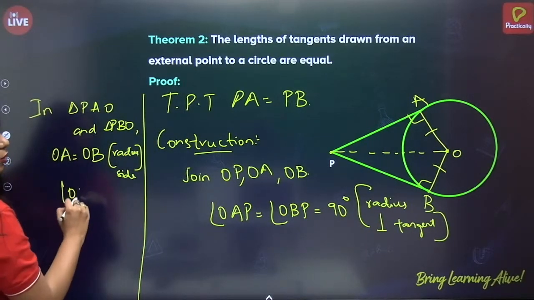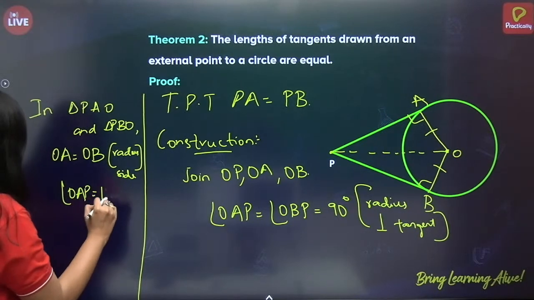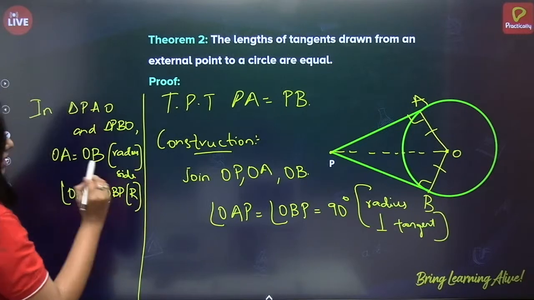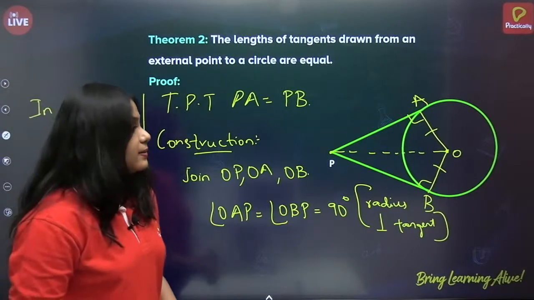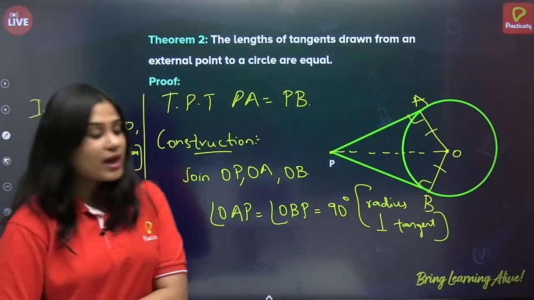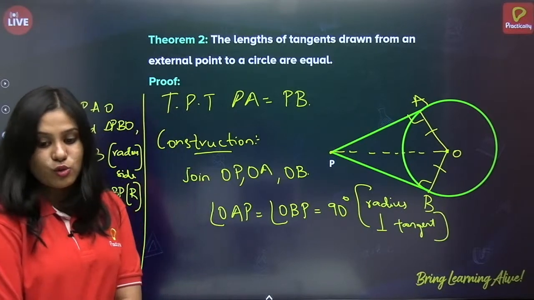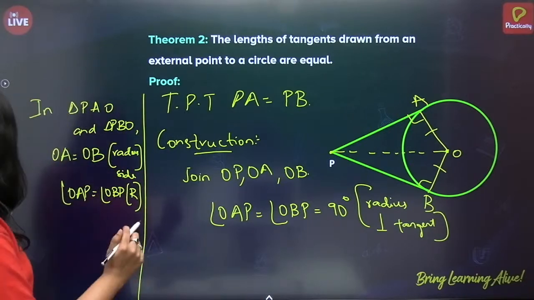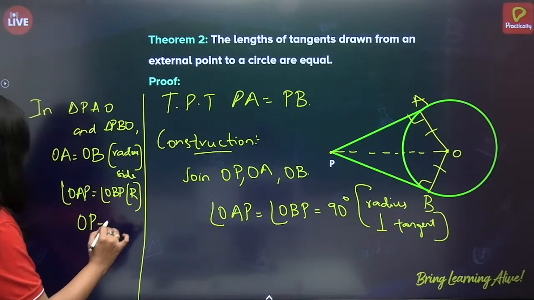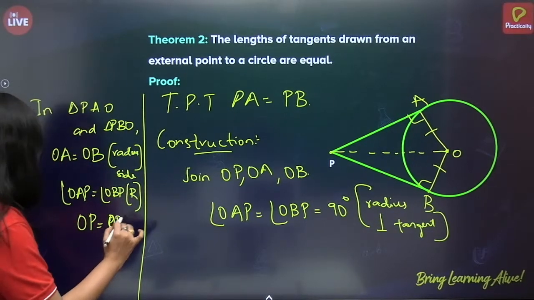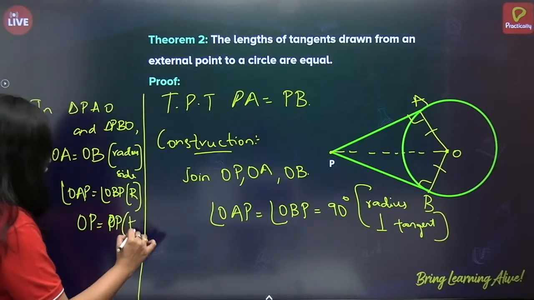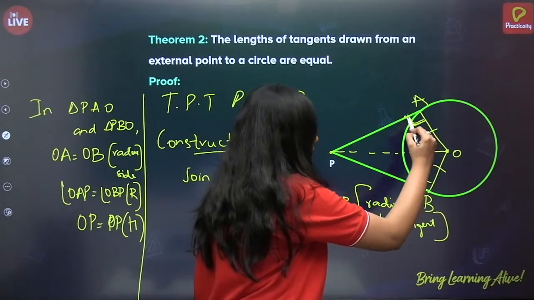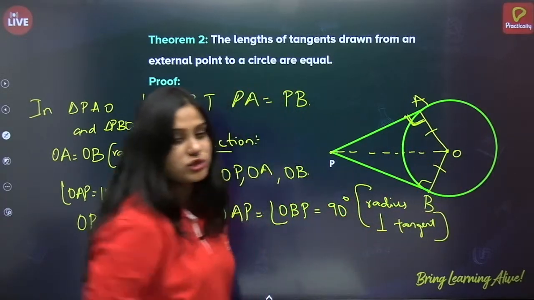So angle OAP is equal to angle OBP. This is a right angle, so I'm writing R. And yes, S. How can we use SAS? No. Yes, very good. Common side OP. Very good, Saraswati. Common side OP. OP is equal to OP or PO. This is the hypotenuse. Correct? So if this is the right angle, this will be my hypotenuse.